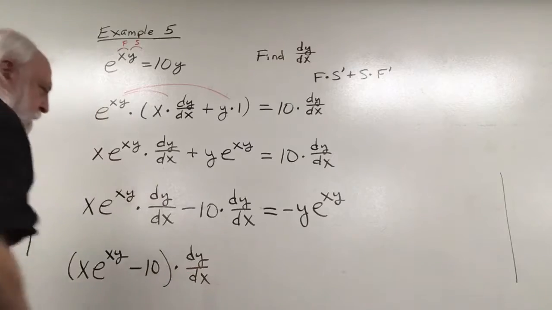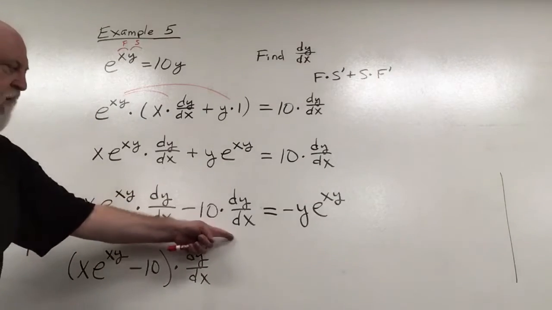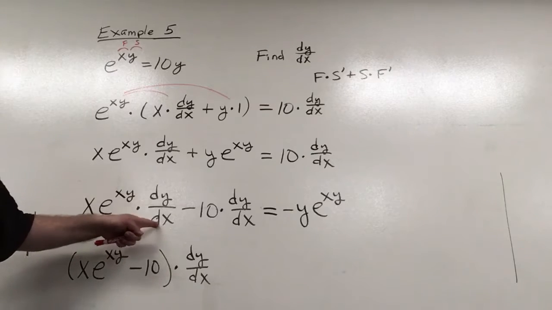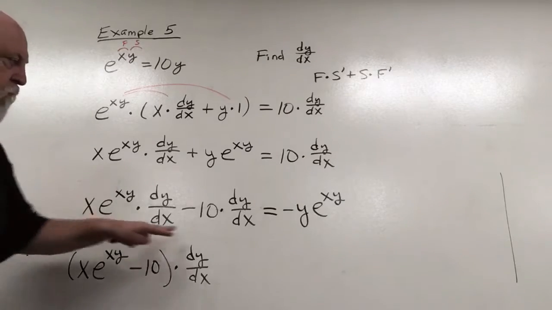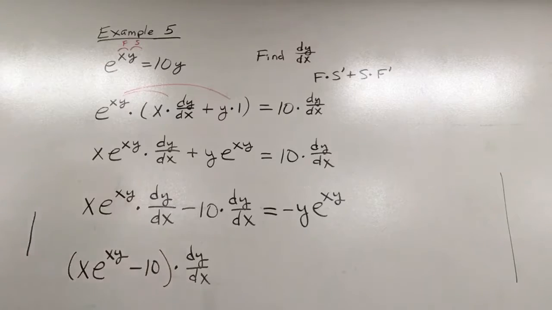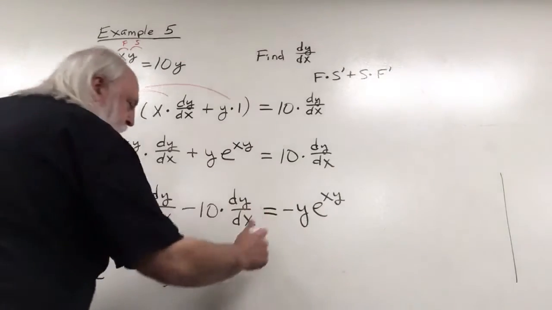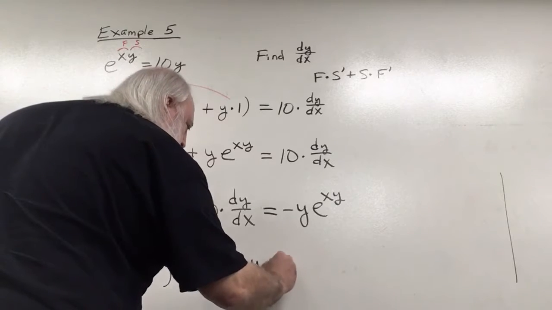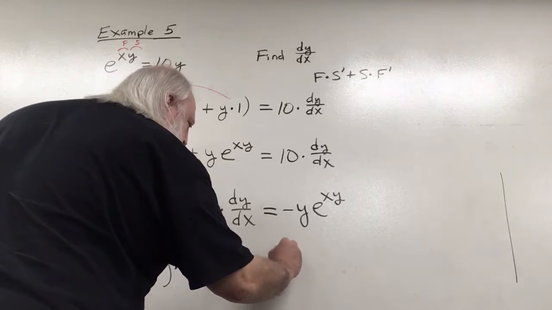Right? dy over dx is a common factor in the difference of these two terms. And so I can pull that common factor out to the left or to the right. I chose the right. And then that has to equal what's on the right-hand side of the equal sign: minus y times e to the xy power.